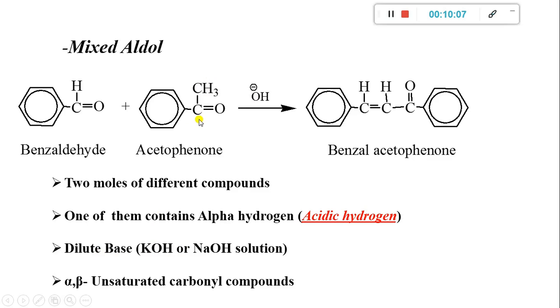With the same condition, dilute base, this base will abstract the alpha hydrogen from acetophenone. Acetophenone will be converted to an enolate and attack, in the second step, the partially positive carbon of benzaldehyde to produce, as the final compound, what we call benzalacetophenone, which we will prepare at the lab inshallah.